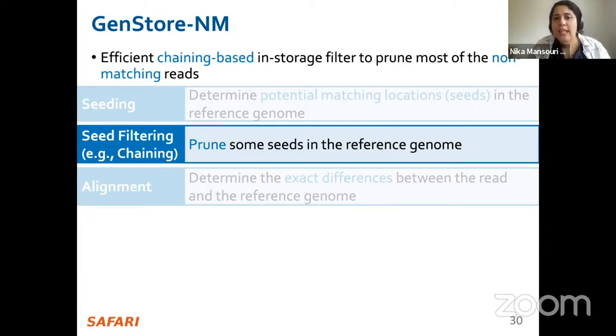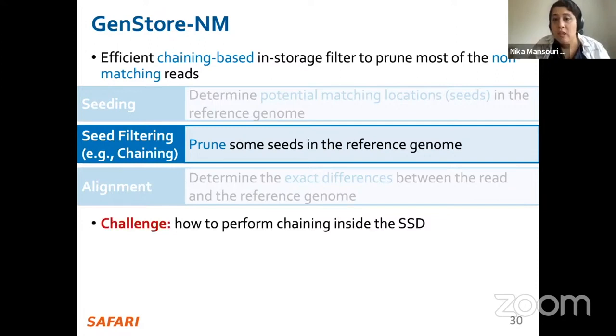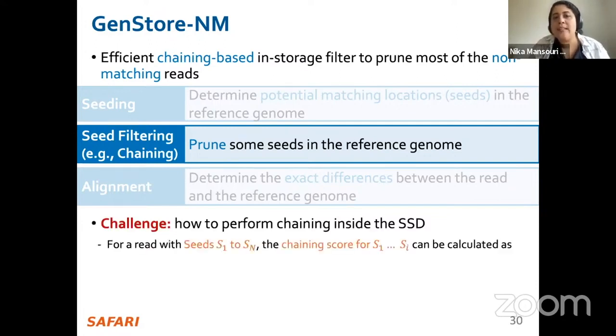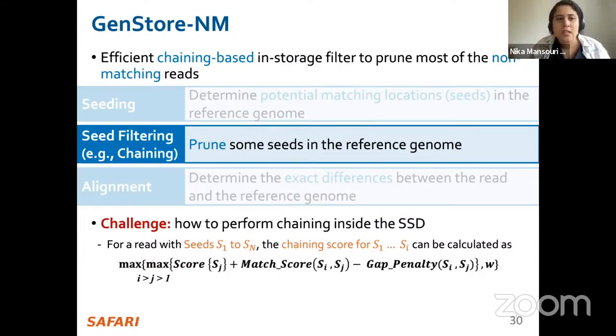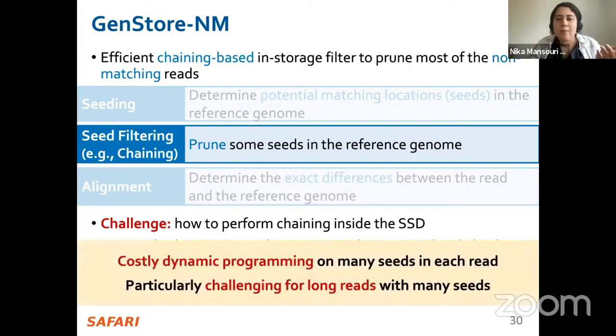But calculating a chaining score in the SSD can be challenging because finding the best chaining score requires performing many iterations of a dynamic programming algorithm for all seeds within a read. This can be particularly challenging for long reads since they have a large number of K-mers per read, like around, I don't know, 1 million characters.